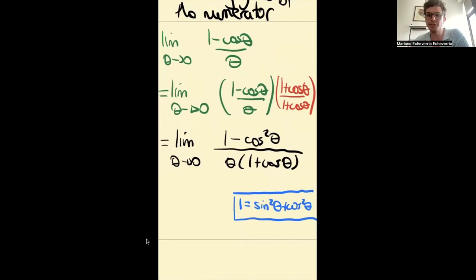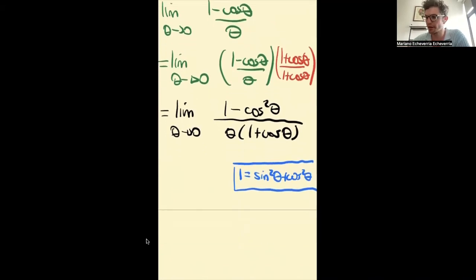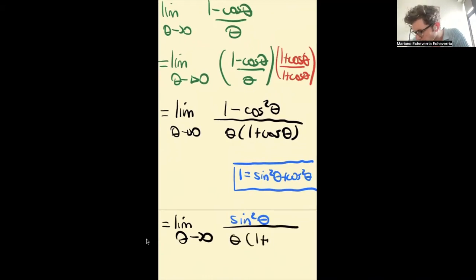So 1 minus cosine squared is sine squared of theta. Is that making sense?